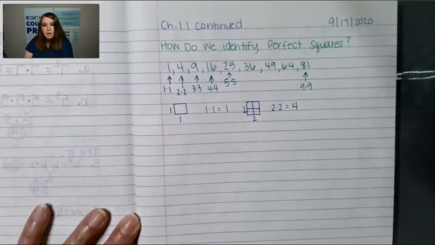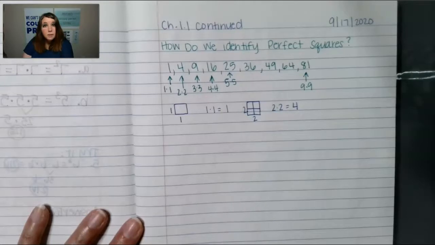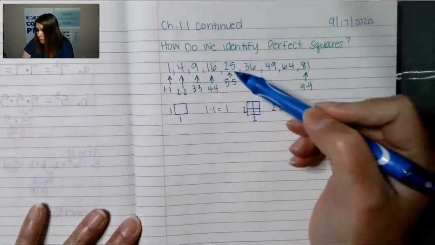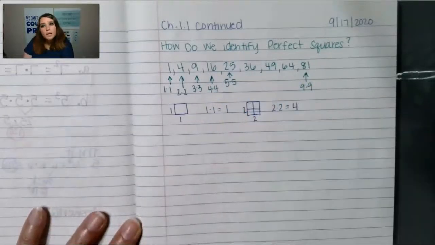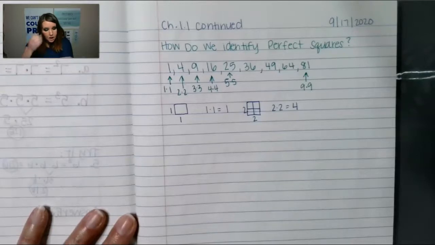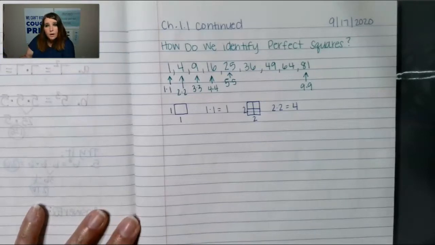So this idea of a perfect square comes from things that are perfectly even on both sides, right? So 2 by 2, 1 by 1, 4 by 4, 5 by 5. So how do we identify perfect squares? Well, we identify perfect squares because they have equal lengths by equal widths, or they are squared numbers.